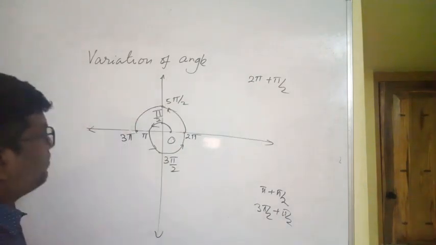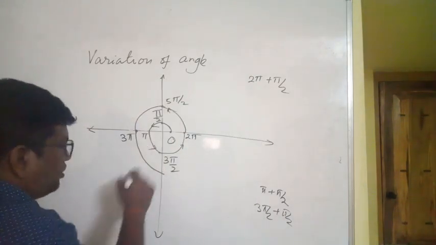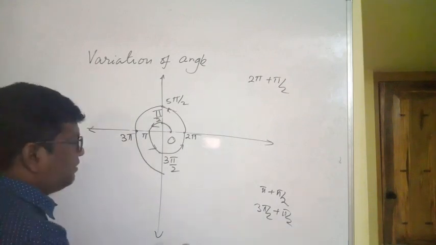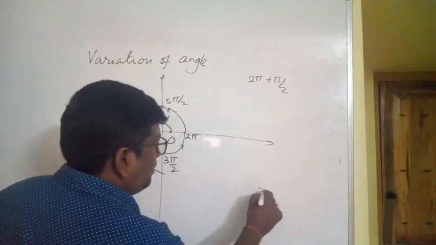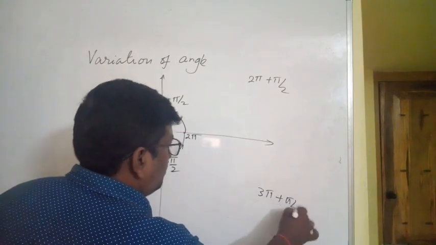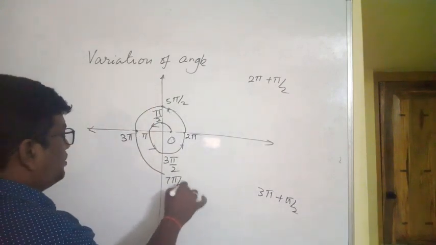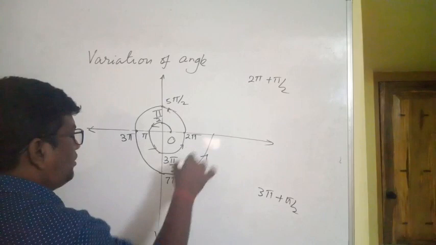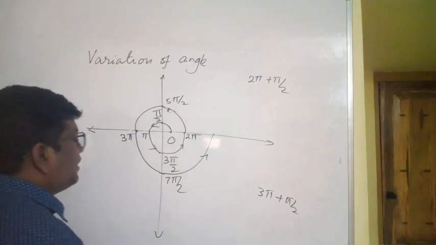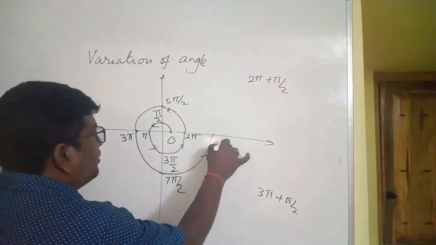3 pi plus pi by 2 is 7 pi by 2, and 7 pi by 2 plus pi by 2 is 8 pi by 2, which means 4 pi.